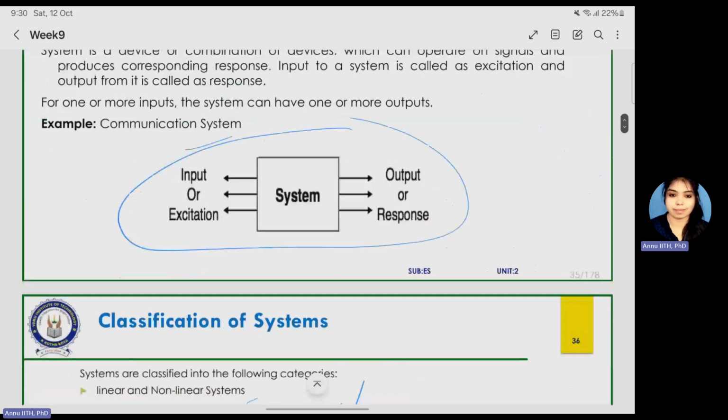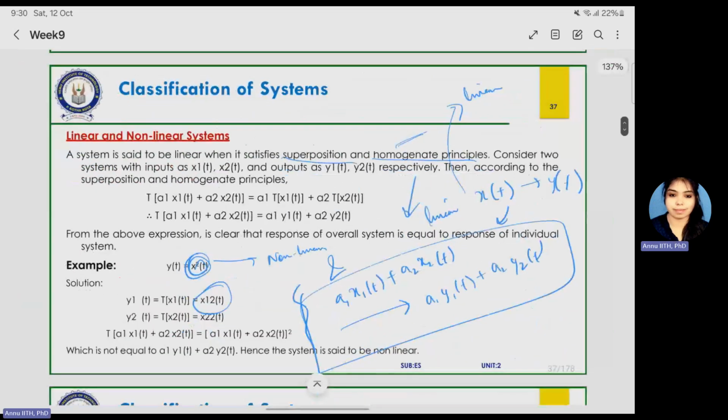System definition, simple. Classification, linear, nonlinear.